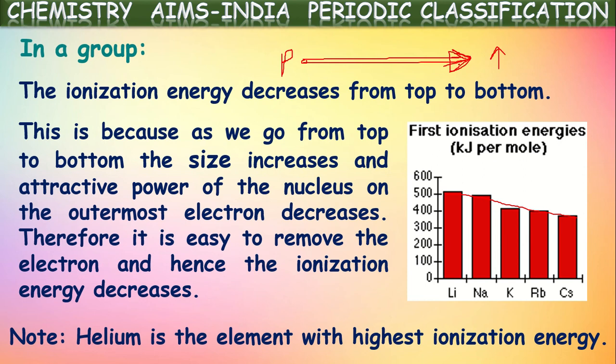Now in a group, from top to bottom, ionization energy decreases because size increases, so the topmost element will have the greater ionization energy. So the extreme right side topmost element has the greatest ionization energy among all the elements, and that element is helium. It has the smallest size and a completely filled configuration, and hence it is the element with the highest ionization potential. Okay.